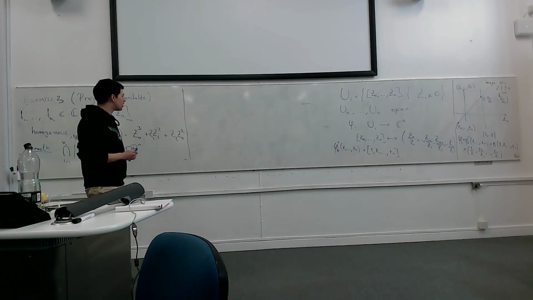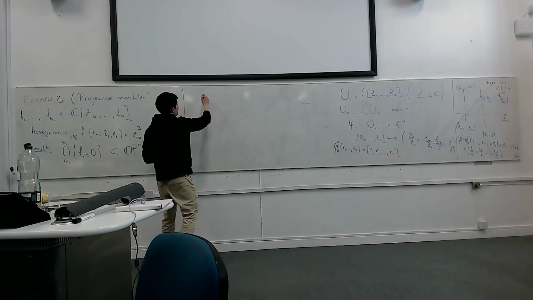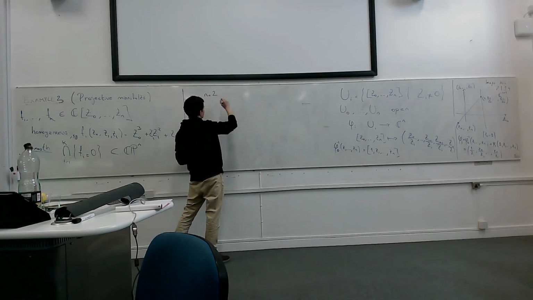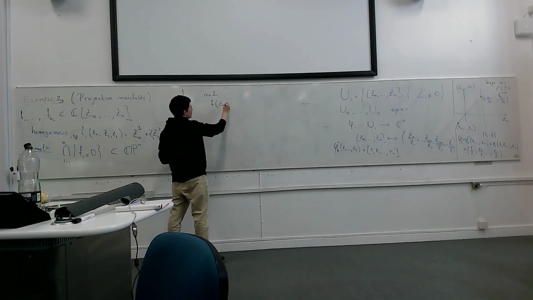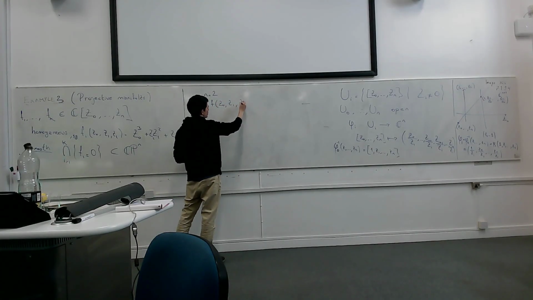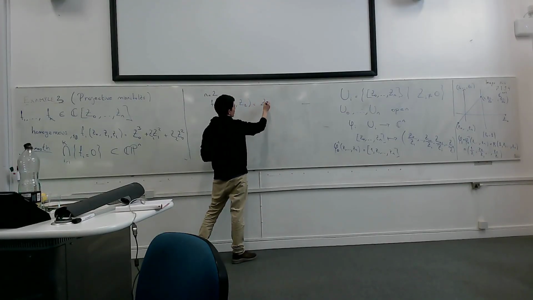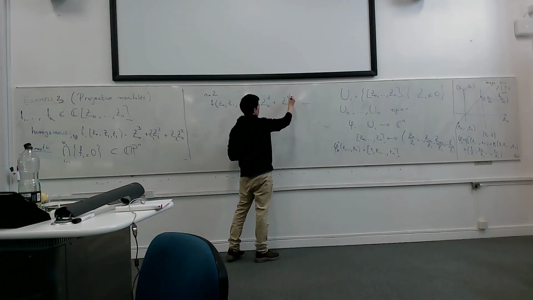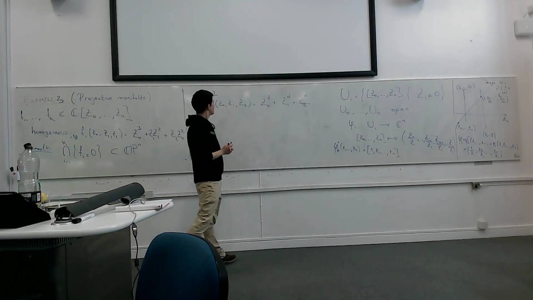So then, the most basic example is just one polynomial. Let's be concrete. Let's say that n is equal to 2, so we're in CP2. And let's write a homogeneous polynomial f of Z0, Z1, Z2, equal to Z0^d plus Z1^d plus Z2^d.